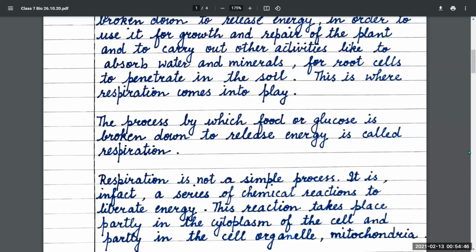It is, in fact, a series of chemical reactions to liberate energy. This reaction takes place partly in the cytoplasm of the cell and partly in the cell organelle, that is mitochondria.